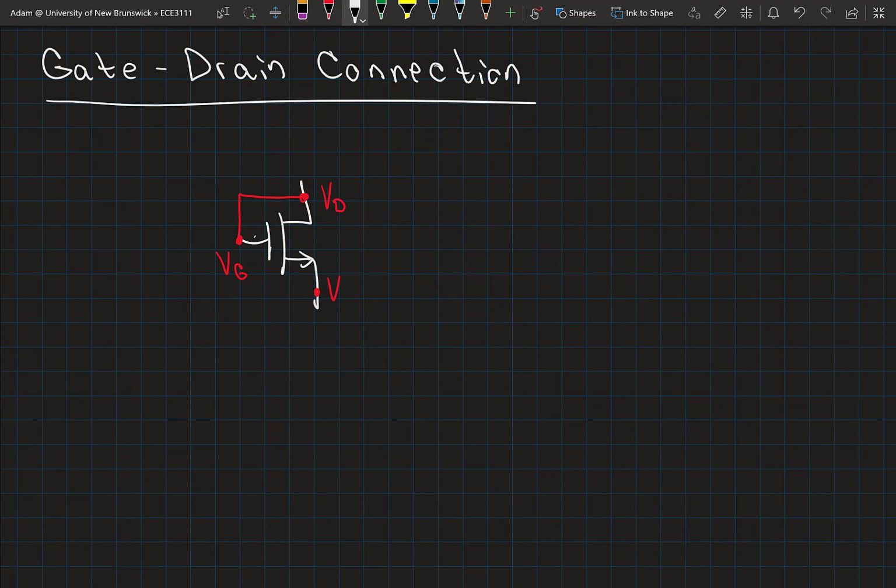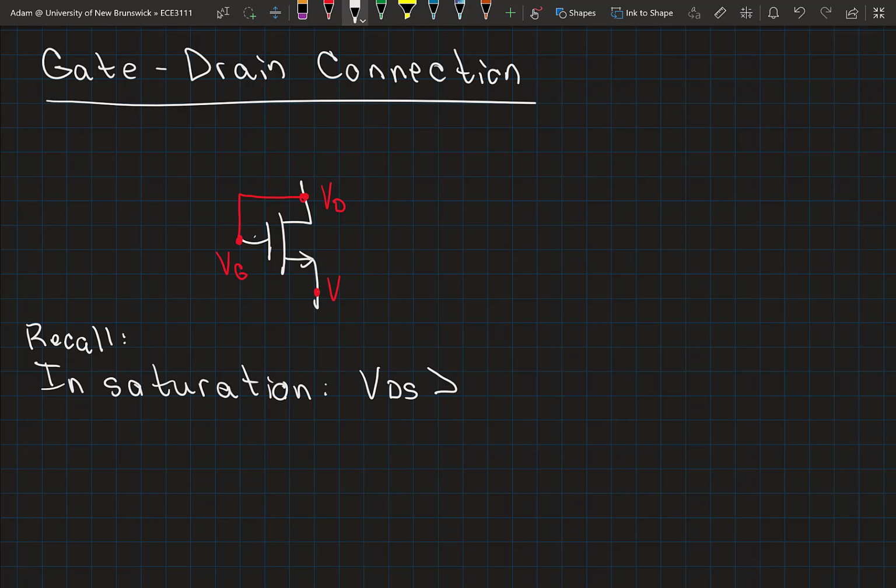Recall that in saturation, the drain to source voltage has to be greater than my overdrive voltage, my overdrive voltage being my gate to source voltage minus my threshold voltage.